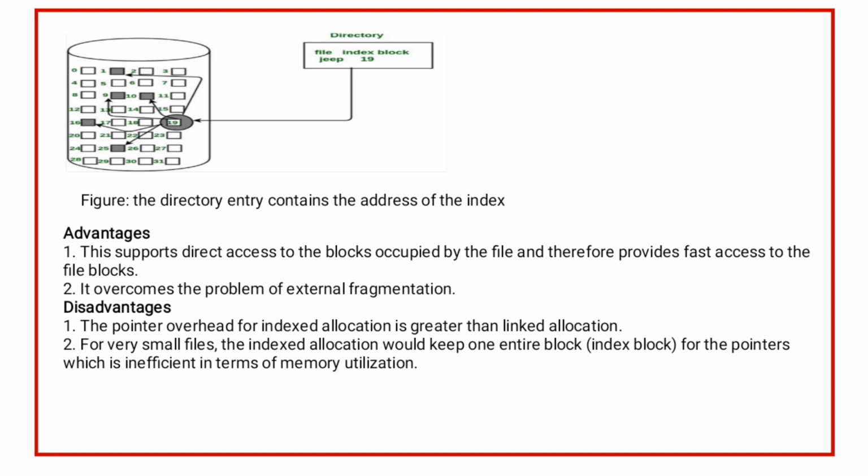The drawback of this index allocation method is that the pointer overhead for index allocation is greater than linked allocation. The second drawback is that for very small files, the index allocation will keep one entire block for the pointers, which is inefficient in terms of memory utilization.